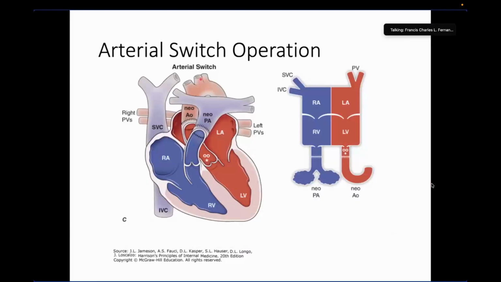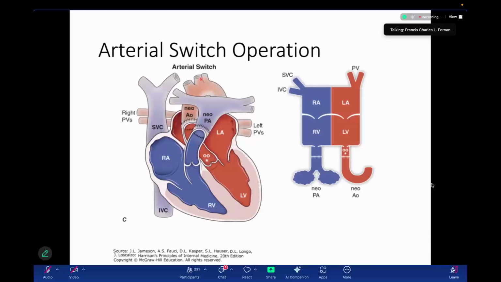Okay, I think at this point, any questions? Kasi what will be asked for mostly would be the acyanotic congenital heart diseases, no? What are its implications, no? What are the components of the congenital heart diseases such as TOF, no?